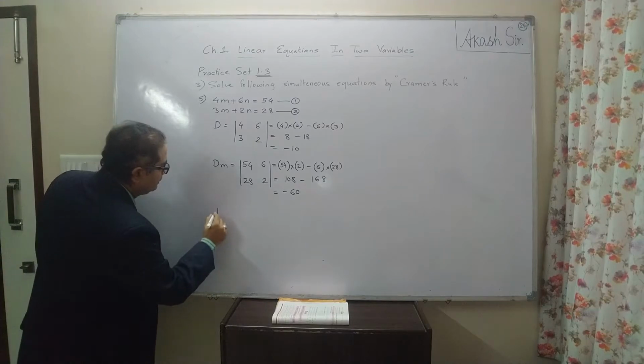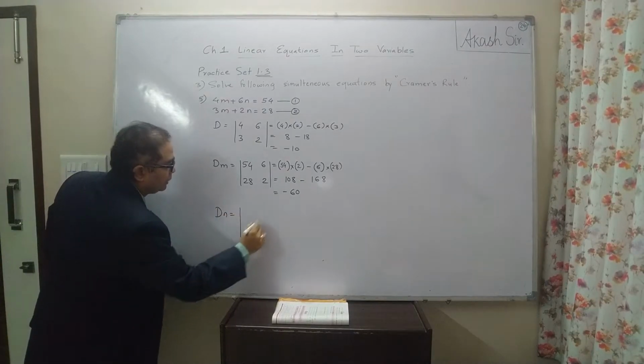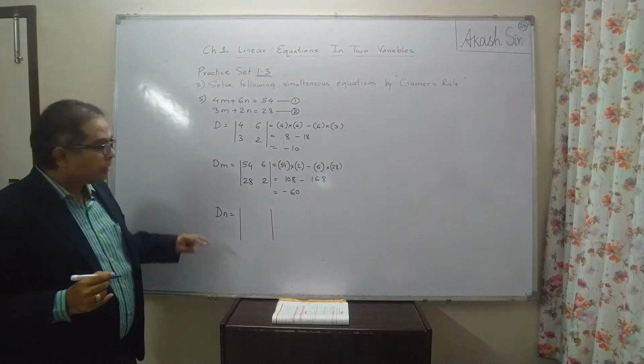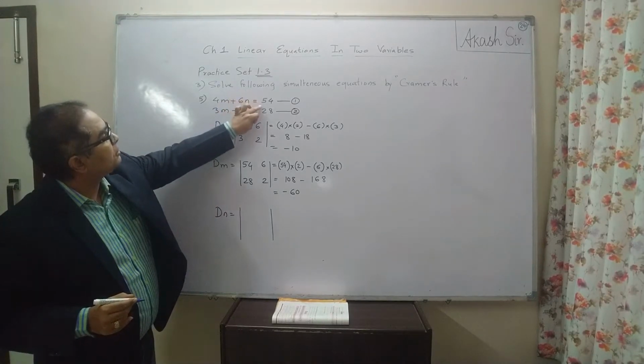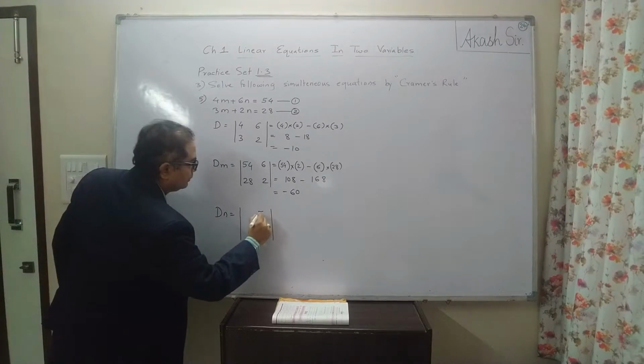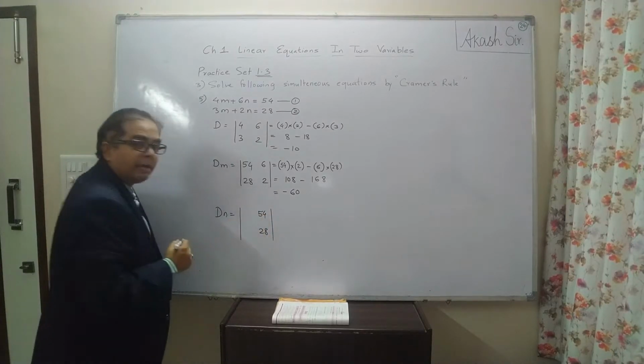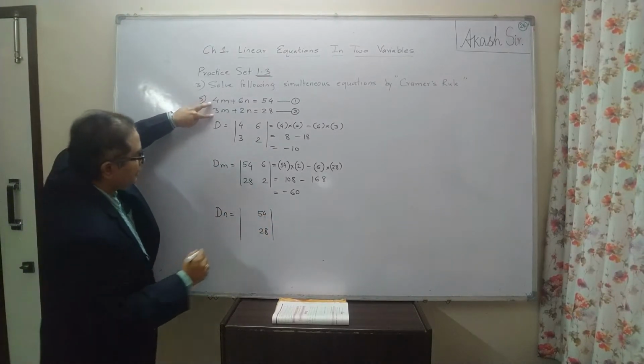Now Dn is equal to, how to write Dn? Replace the coefficient of n with the last numbers 54, 28 and the coefficient of m as it is, 4, 3.